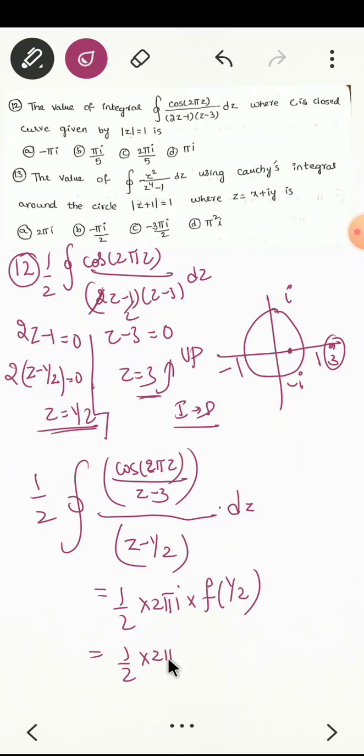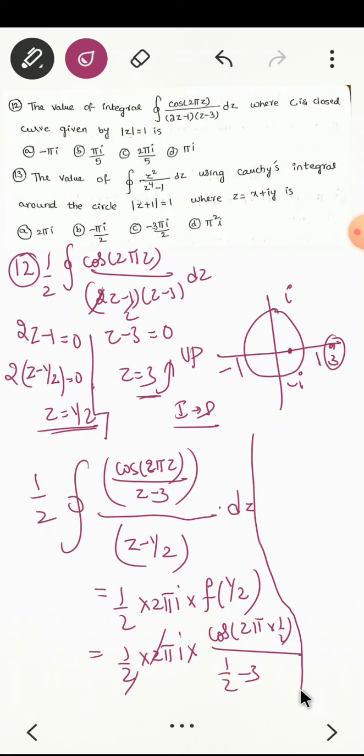Then what is the function now? The function is this function. Substitute 1 by 2 in that function. The 2 cancels. What you will get: cos 2 pi into 1 by 2 by 1 by 2 minus 3. The 2 gets cancelled. What you are going to get now: pi i into 2 cancel, cos pi.